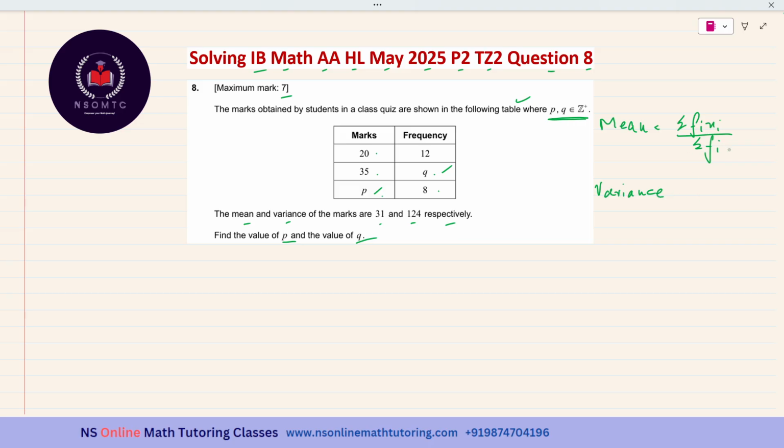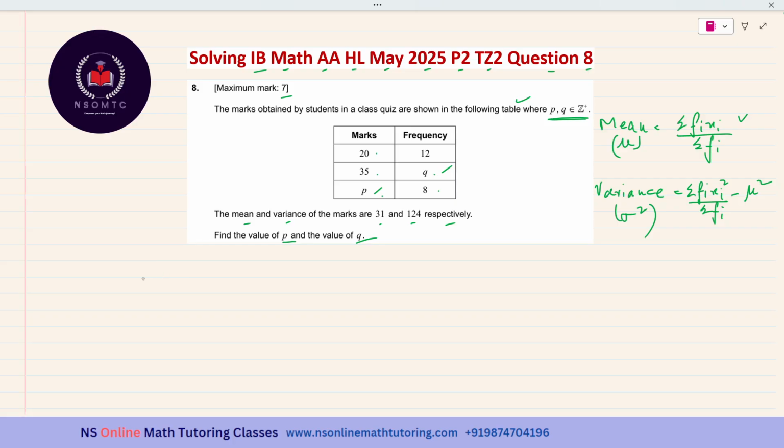In place of sigma Fi, it is written N. And for variance, it is sigma Fi xi square over sigma Fi minus this one. I can call this mu for mean, and sigma square for variance. So this is minus mu square. Okay, so now we will be just using these two formulas.